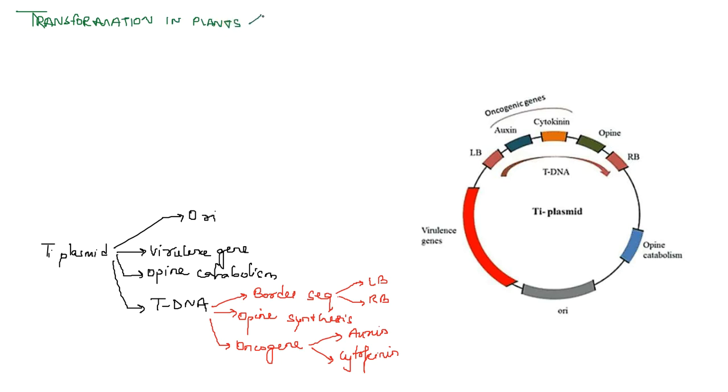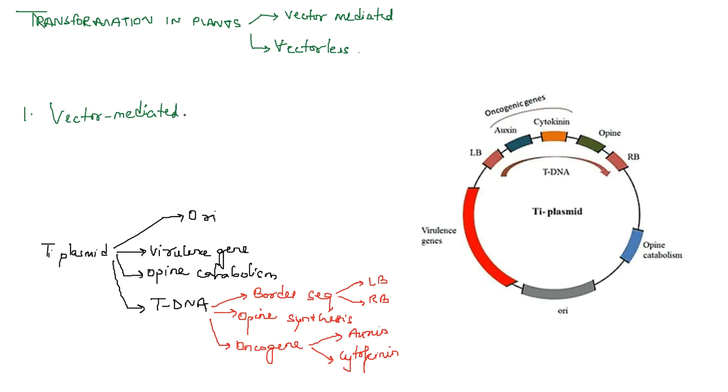It can be vector mediated or it can be by vectorless method. So first we will discuss the first method, that is vector mediated transformation in plant cells.